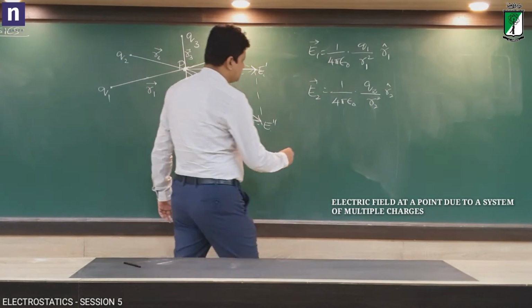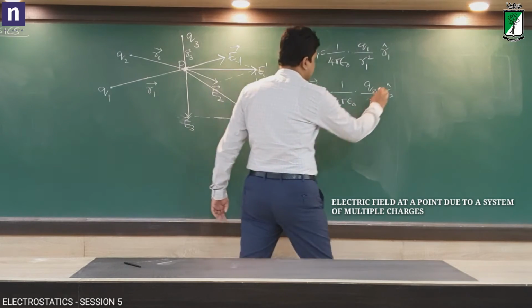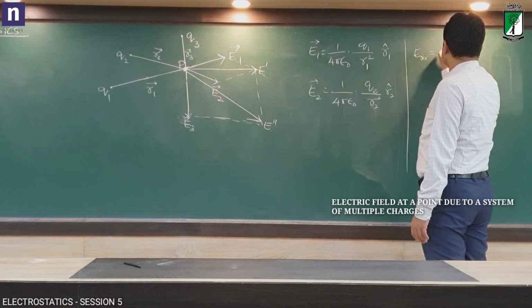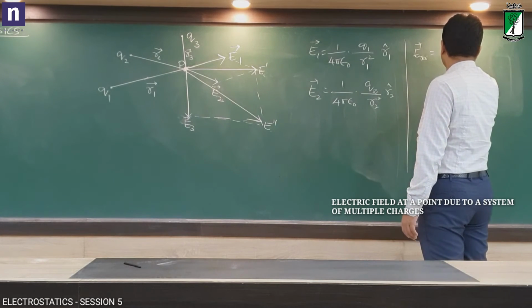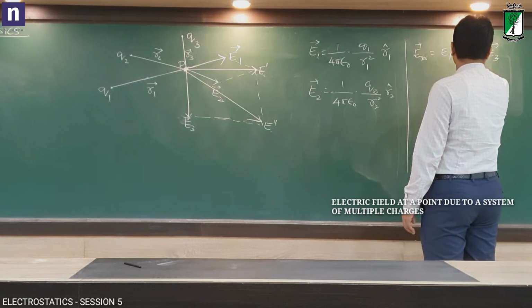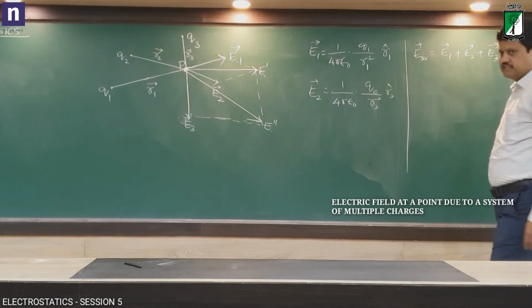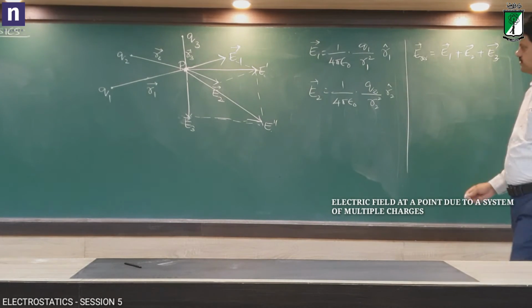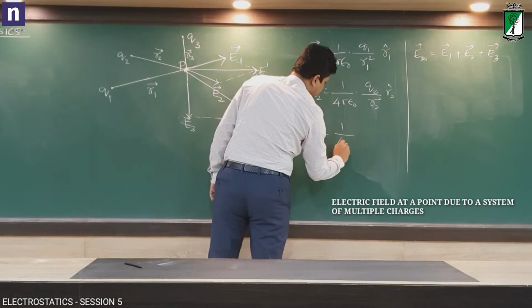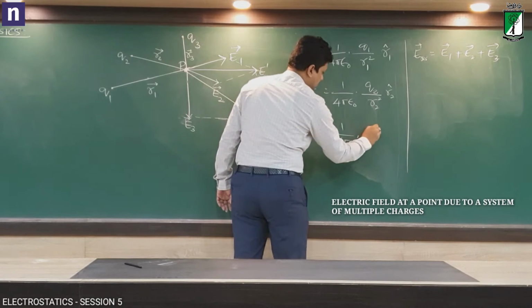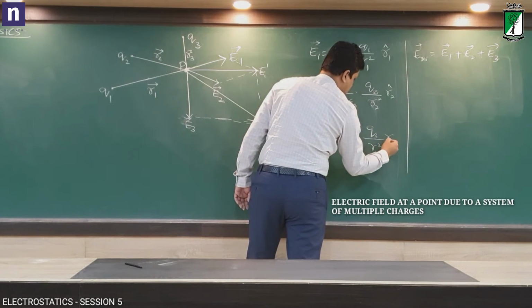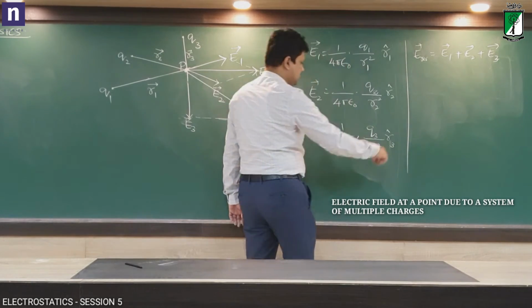So due to a system of three charges, what is the electric field here? The net field E resultant is equal to E1 plus E2 plus E3. This is the net field. Of course E3 is also the same as I told you: E3 is equal to 1 by 4 pi epsilon naught Q3 by R3 square, R3 cap.